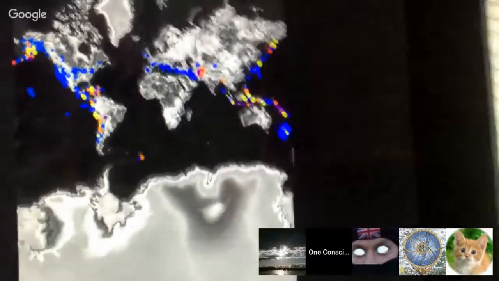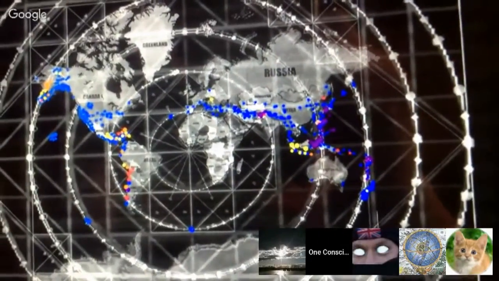I switched maps. See how all the deep quakes, and this was actually the week of our solstice that just passed, it was quite a bit of movement.